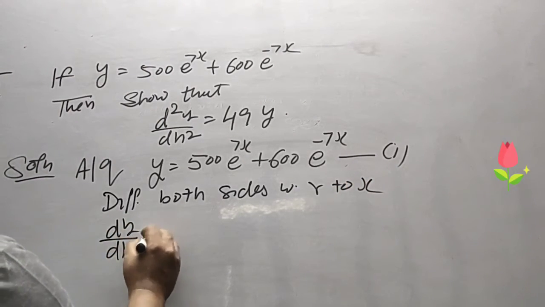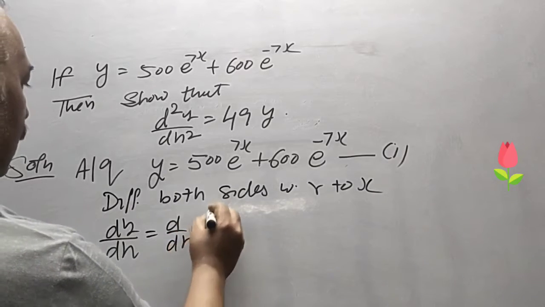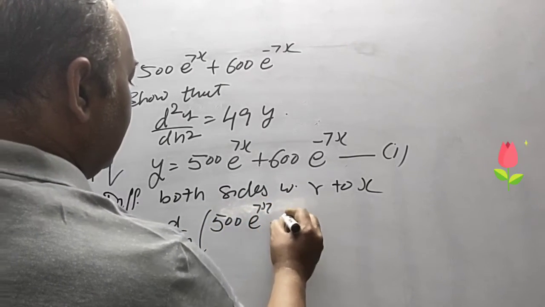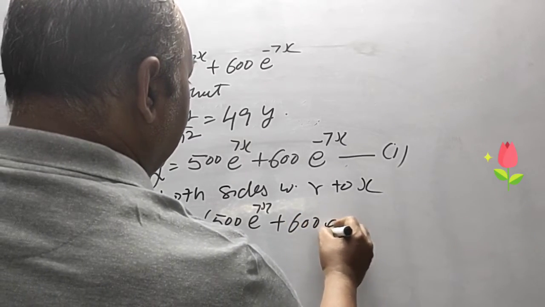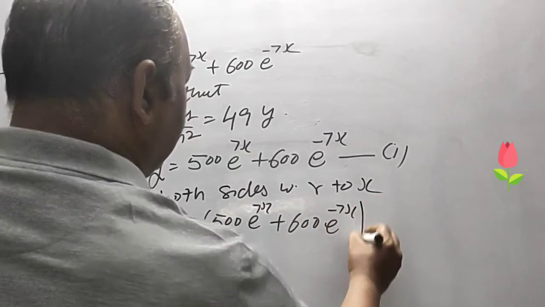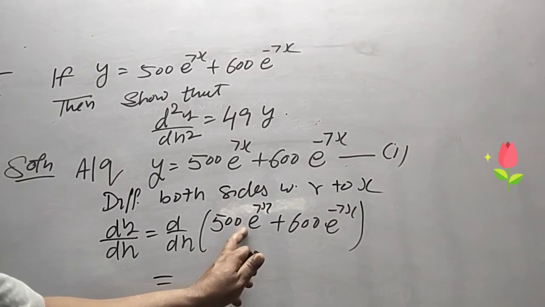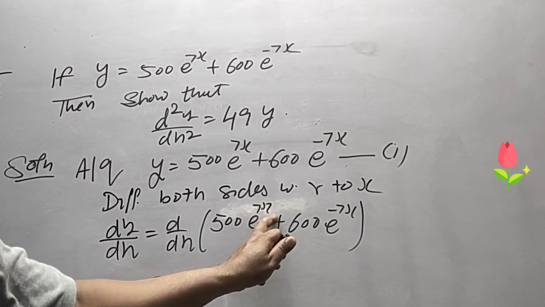dy upon dx is equal to d upon dx of 500 into e raised to power 7x plus 600 into e raised to power minus 7x. That is equal to 500 outside and e raised to power 7x.